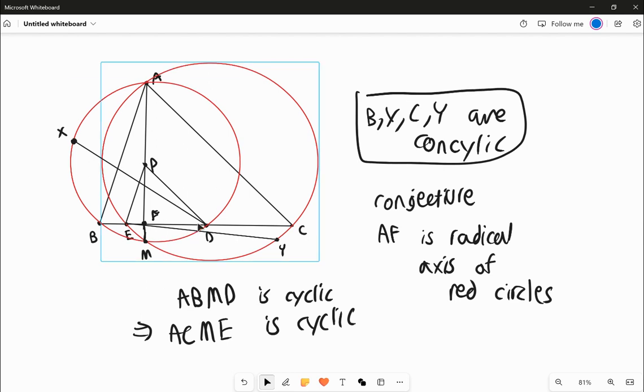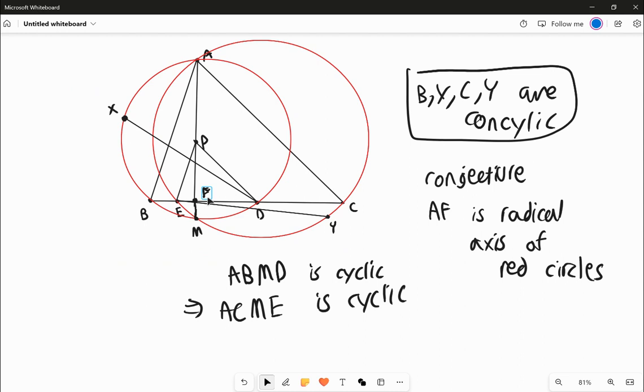ABMD is cyclic. Because of these parallel lines, we might want to scale things down a bit. So what happens if we scale things down at, suppose, F? Then we can get EPDM is cyclic. We might conjecture that, and it definitely seems true. Here's a circle, and see how they're cyclic.